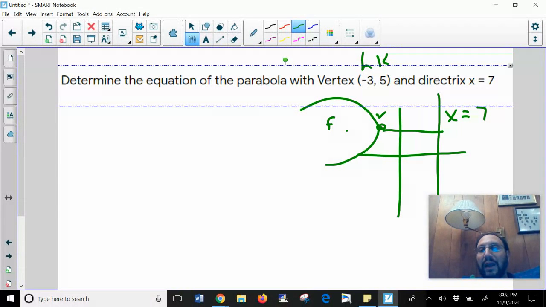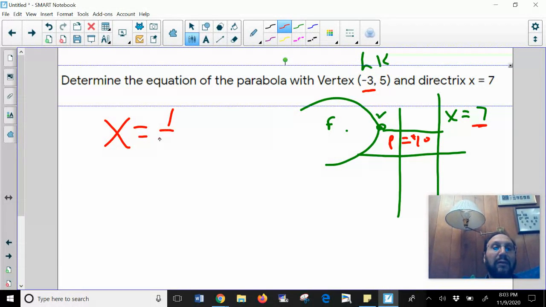So if I'm looking at the distance between -3, 5 and x equals 7, I'm going to look at the difference between the x values because the x values are going to change. Every point on this, the axis of symmetry is going to be y equals 5. So it's going between -3 and 7, which is 10 units, 7 minus a -3. And by the way, it's negative because it's going to the left.